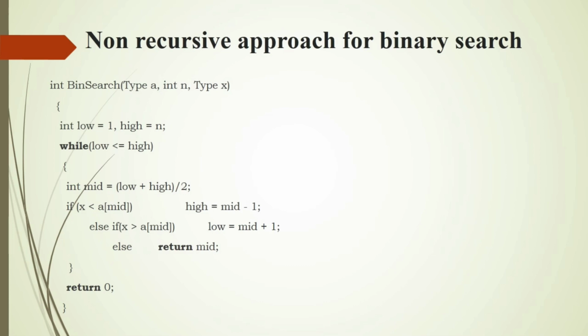If not, you continue the search in the left direction, that is the first element until mid minus 1, in case the key element was lesser than the element at mid position, or else you look for the key element in the array which starts from mid plus 1th position until the end of the array. This is in case your key element was larger than the middle element.